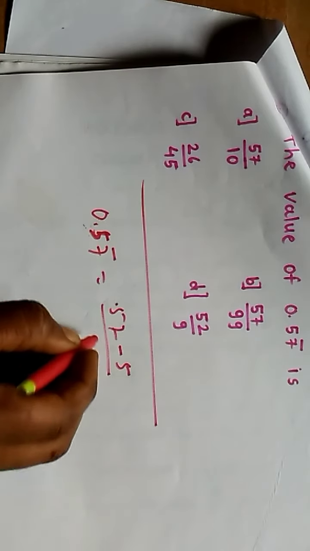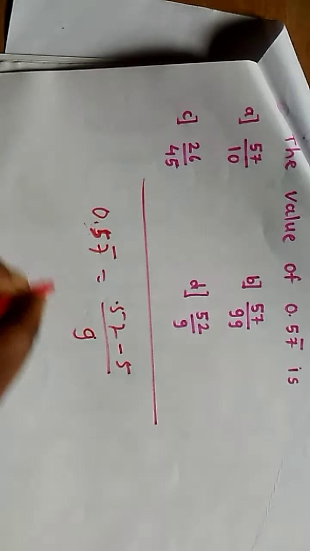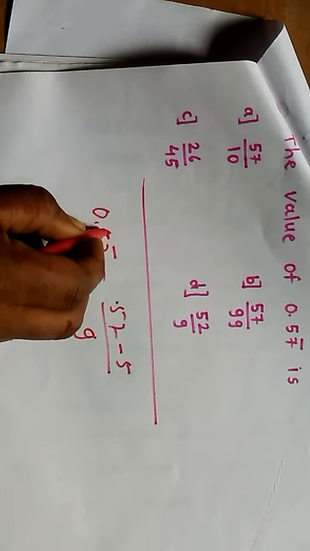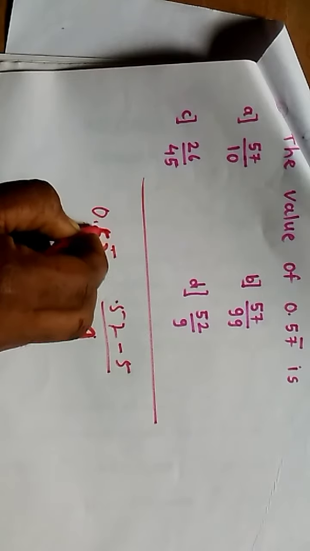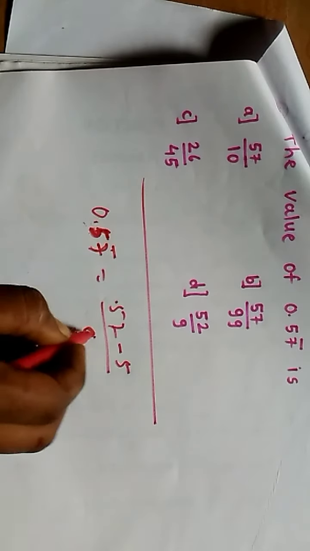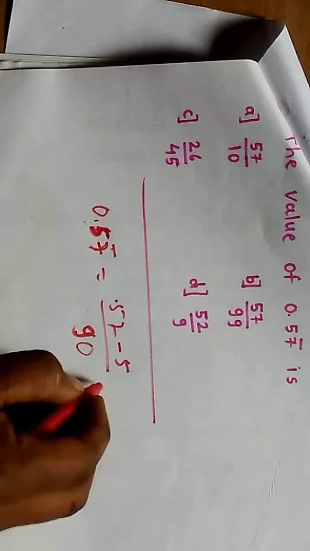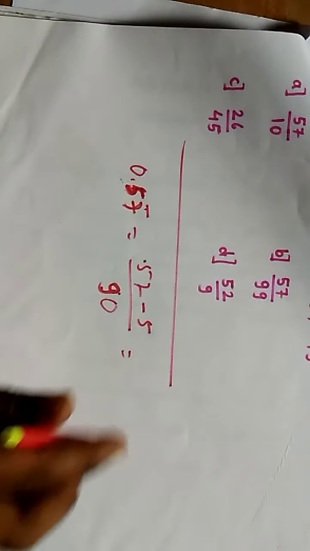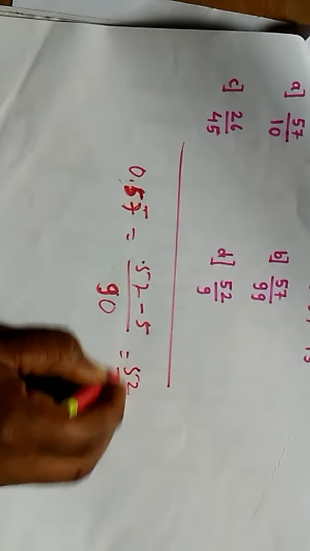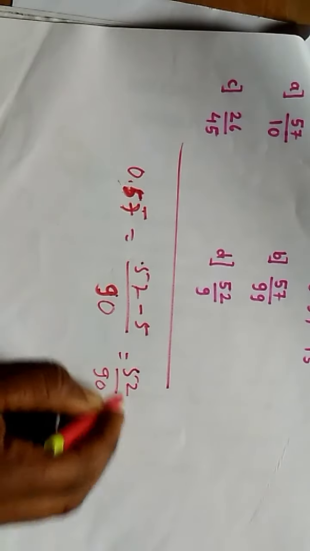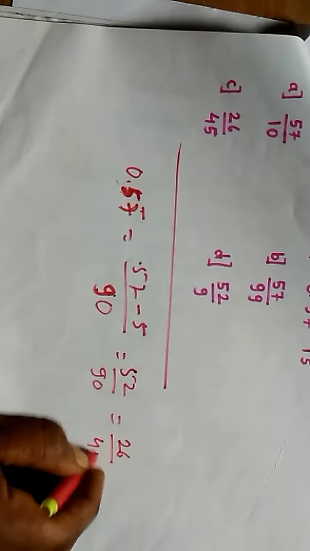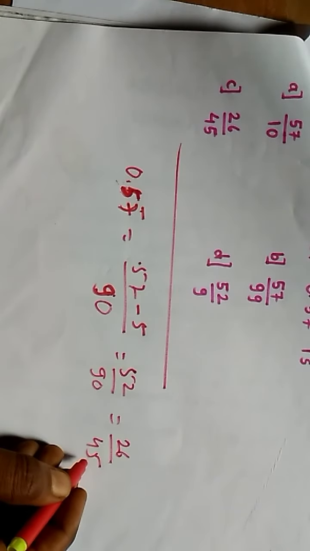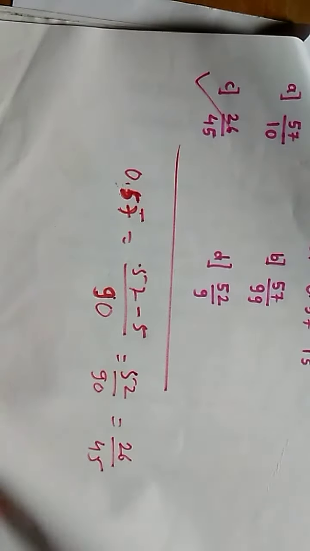So we take 9 here, because only one number is repeated, so only take 9. If no number is repeated, it is taken as 0, so 90. So 57 minus 5, that is 52 by 90. When we divide this by 2, this becomes 26 and this is 45, then we cannot divide, so 26 by 45. Yes, option C is the right answer.